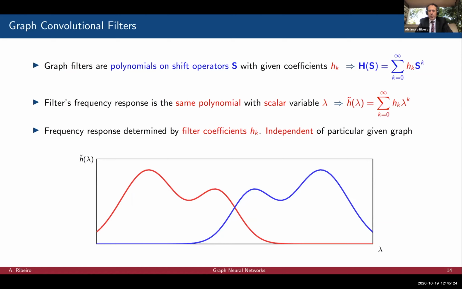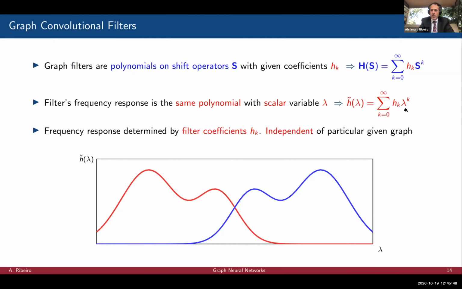Before I introduce those, a reminder, right? Graph filters are polynomials on the shift operator S. They're given as I am showing here. So we have different coefficients. The S is the variable of the polynomial. The frequency response is the same polynomial, but on a scalar variable, right? This is a polynomial in which the shift operator disappears.